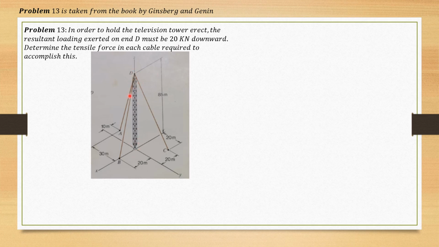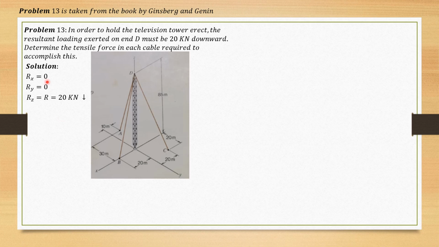So tension AD is going in that direction: negative 10 along X, negative 85 along Z, and negative 30 along Y. So the idea is Rx is 0, Ry is 0, then Rz is negative 20 kilonewtons or downward.